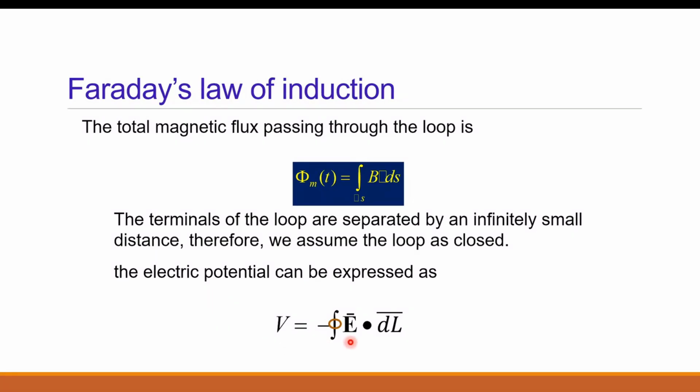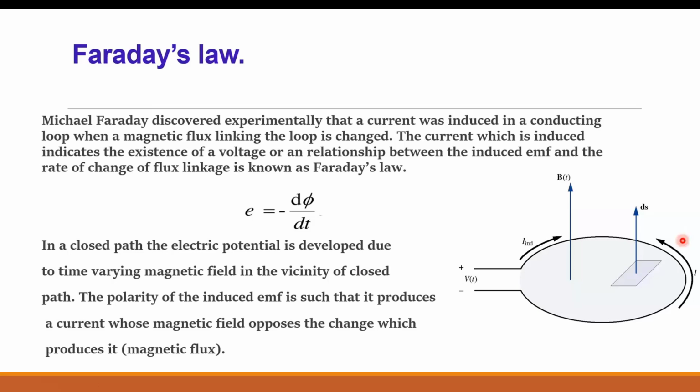In the electrostatic field, we have seen the equation for capital V, but that equation was because of charge, that is Q, right? But here, whatever potential is developed because of this kind of loop on the secondary side, E bar is equal to minus d phi by dt.